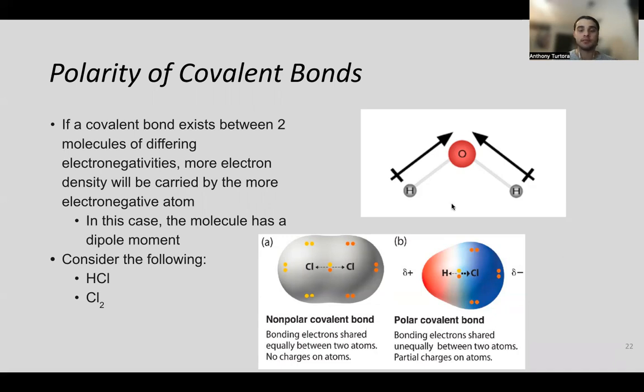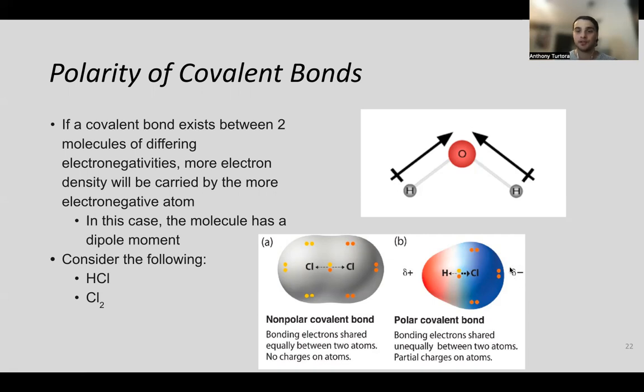In this case, when you have a polar molecule, we have a dipole moment, and this is commonly represented with this arrow that you see here. The one with the lower electronegativity will have this plus sign, at this end of the arrow, and it'll be pointing towards the more electronegative atom.